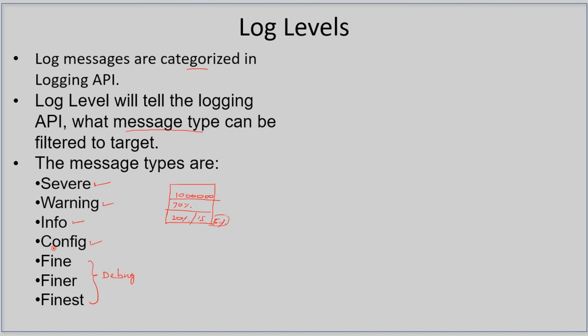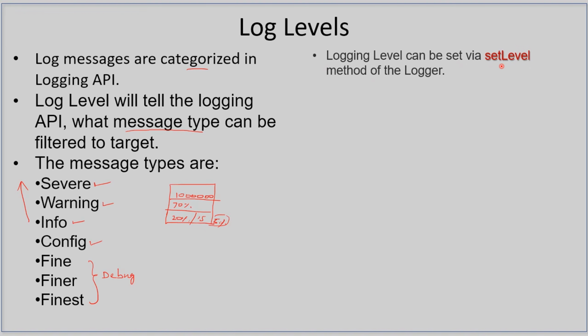By default, the user will keep the log level as config or info. Once they do it that way, all the messages prior to that level will get logged. That means we may be saving the logging file size. So in a specific or rare situation, the user will set it to the debug or finest level to capture more information.